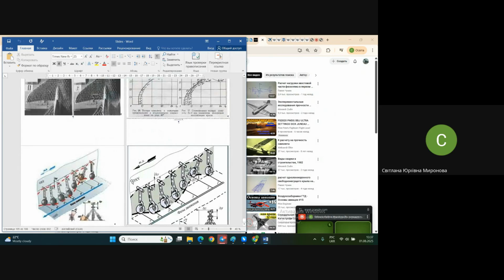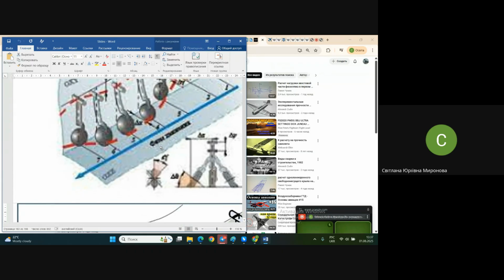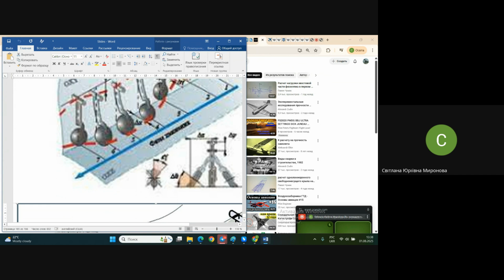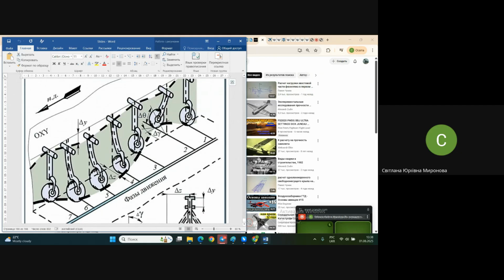Here is a scheme of problems that the landing gear may encounter. On one hand, it starts to rotate, and due to this it goes aside to the left, to the right on the way. Because of this, it also bends the leg itself, and finally all this may end with destruction of the landing gear leg.